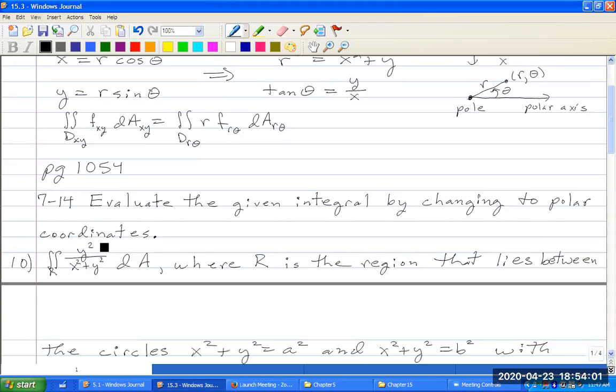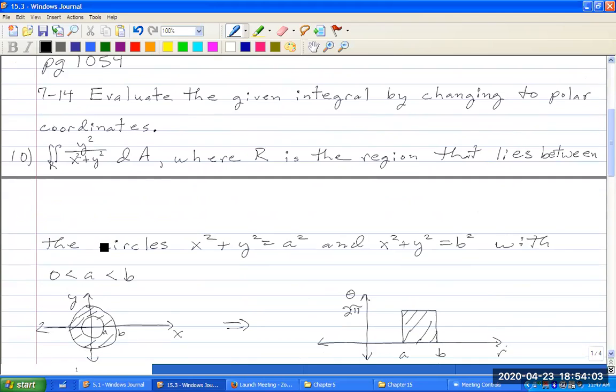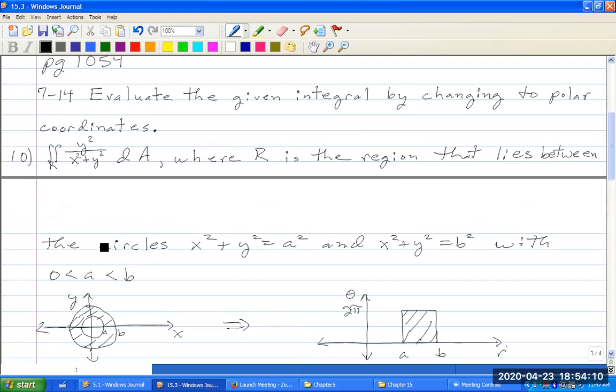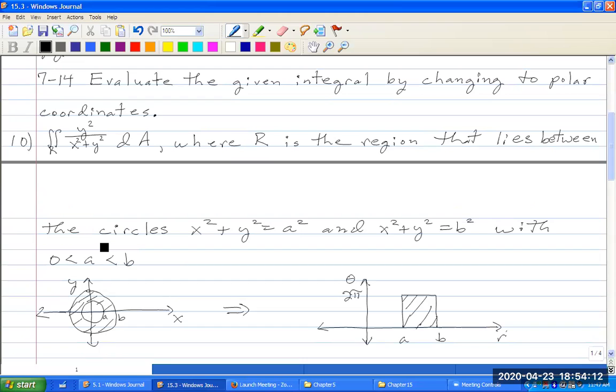Okay, so let's do, oh, I actually drew something. Problems number 7 through 14 on page 1054. Evaluate the given integral by changing to polar coordinates. So problem number 10. I have the double integral of y squared over x squared plus y squared, where R is a region that lies between two circles.